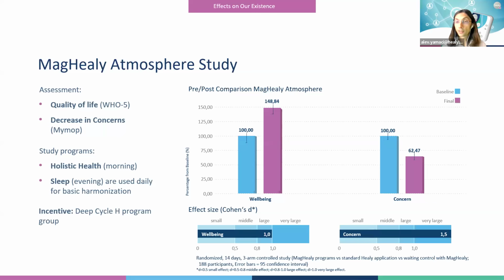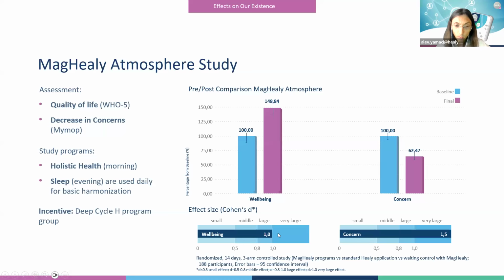And after the study, we asked them about their issues again. How is it with what you said is bothering you? And this usually is quite drastically reduced. As you see here, we increased the well-being quite drastically, and we also decreased the concerns quite drastically.